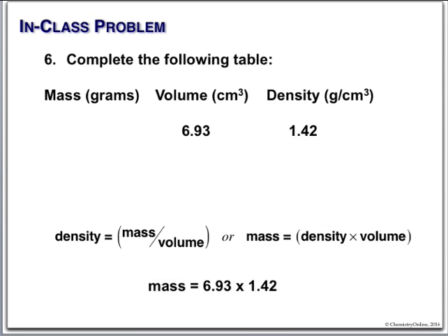We just multiply these together. Remember, we're dealing with 3 digits here, 3 significant figures. So we write it as 9.84. Just remember, density is mass divided by volume.